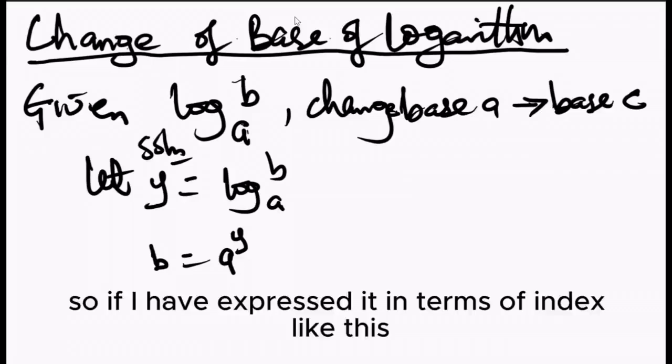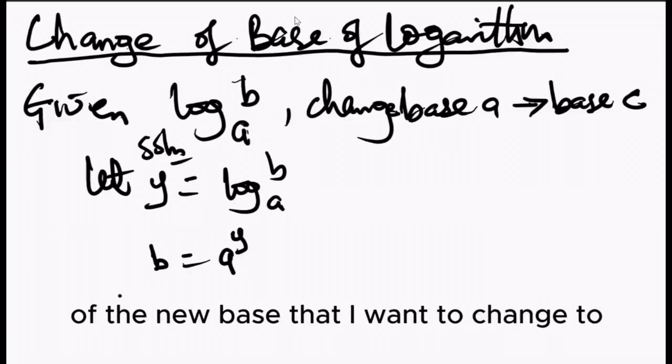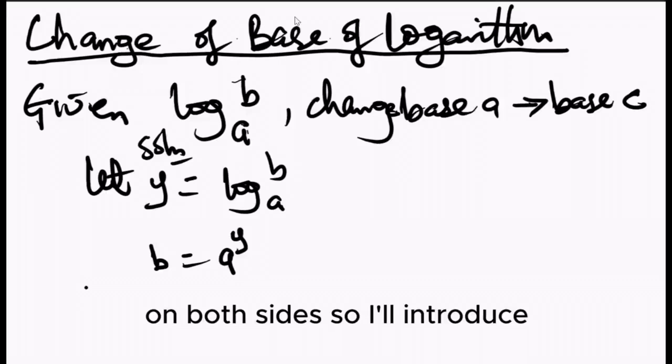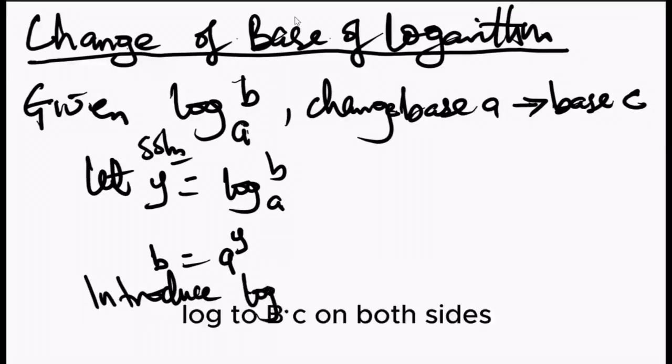So if I've expressed it in terms of index like this, then I have to introduce the log of the new base that I want to change to on both sides. So I will introduce log to base c on both sides.